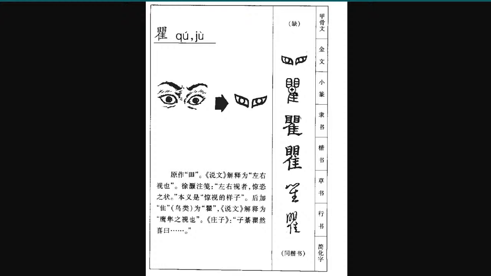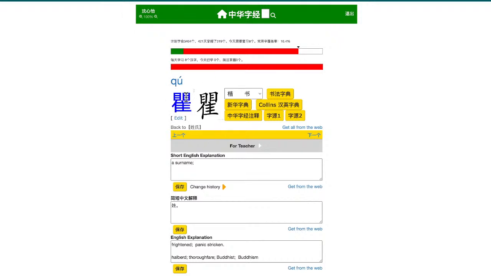The bottom part actually refers to birds, and on the top are two big eyes. So it's referring to birds with eyes really wide open, indicating that it got scared, got frightened. So this is Qu. Now this character is pretty much only used for people's surnames.